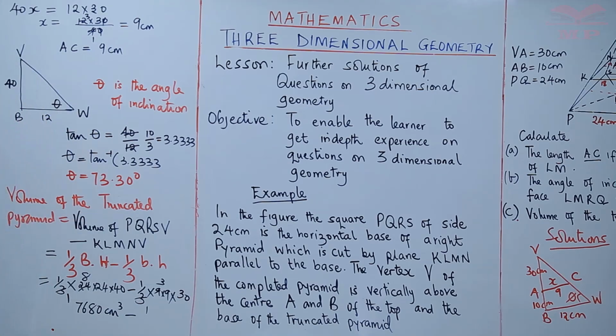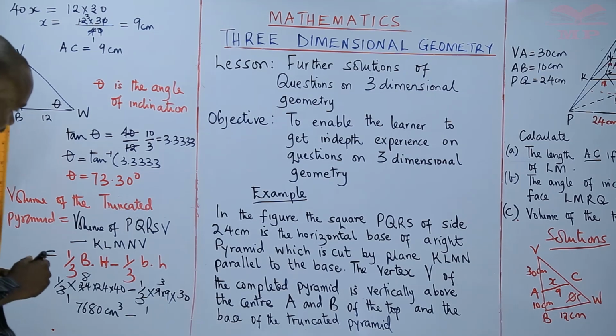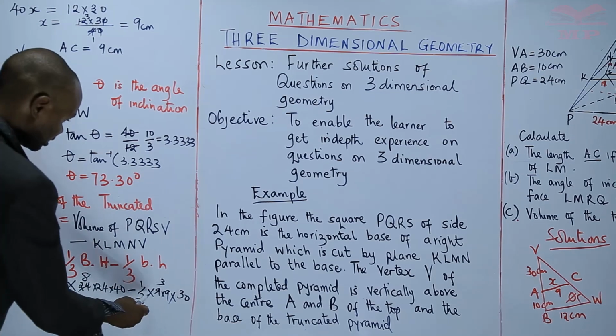Subtract 3240. So you work out this one, a third.